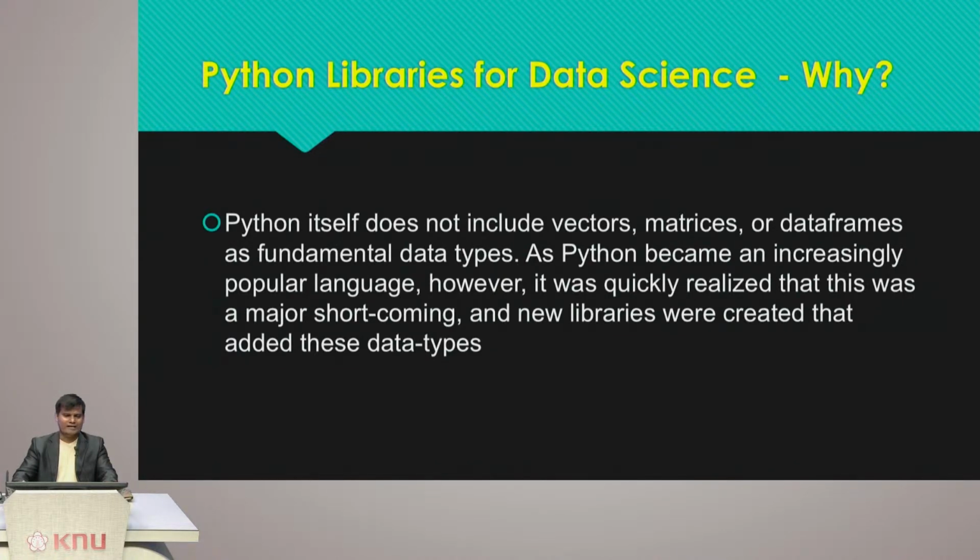But it does lack some features. For example, it does not include vectors, matrices or data frames as a part of its fundamental data types. So in order to overcome this shortcoming, new libraries were created and they have been added as these data types.